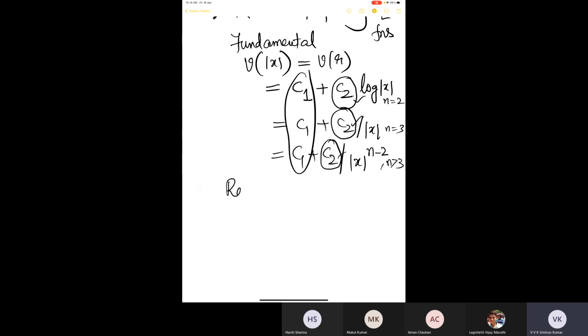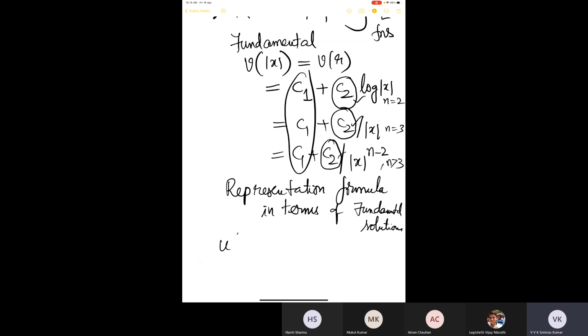So now the representation formula will always be in terms of fundamental solutions. Fundamental solutions are building blocks.